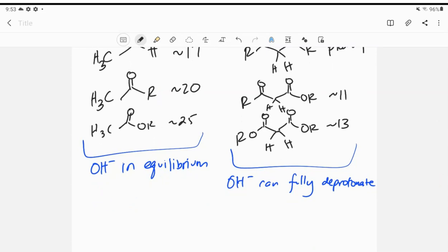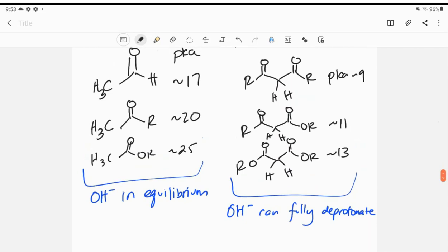So use hydroxide indiscriminately with the things on the right: the diketones, the keto esters, or the diesters, use those with OH minus. For the plain old aldehyde, ketone, or ester, you can get away with hydroxide if you are okay with a slower reaction. But if you want an irreversible reaction, you're going to want to use a stronger base.